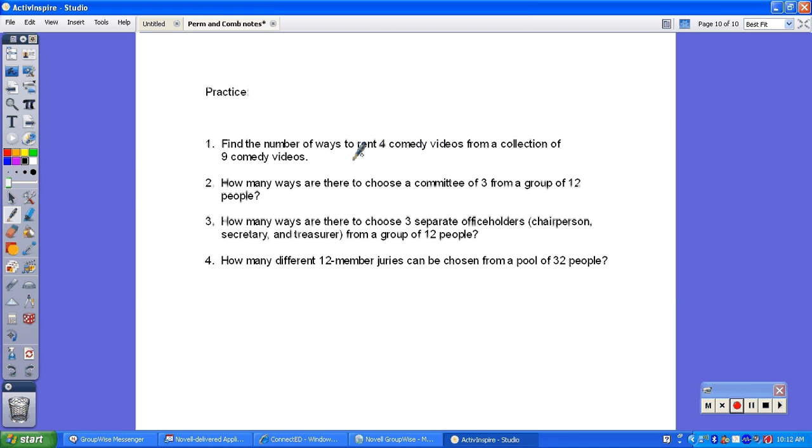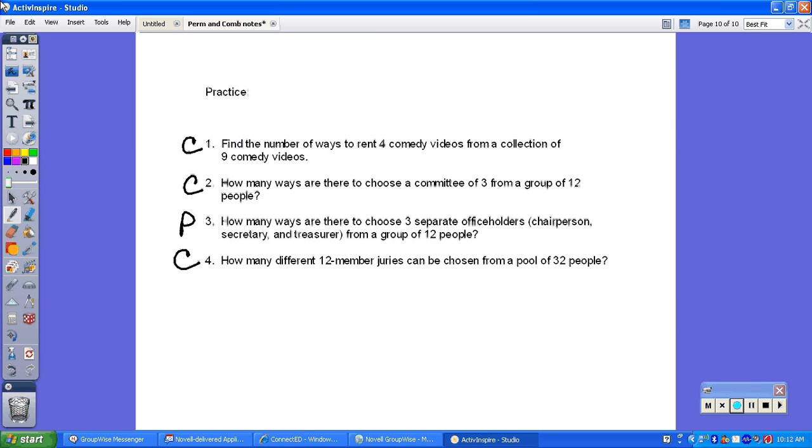So the first one, if you notice, it doesn't matter which one, so this is a combination, and here it doesn't matter. This is a combination. This one does matter. It's like the previous one, so it's a permutation. And then here, this one doesn't matter, so it's a combination.